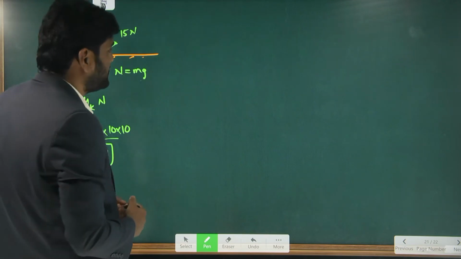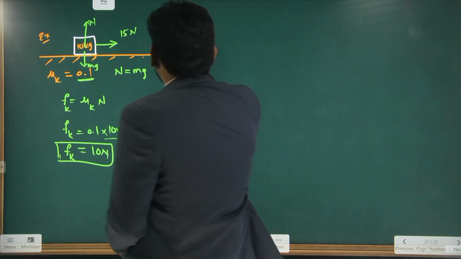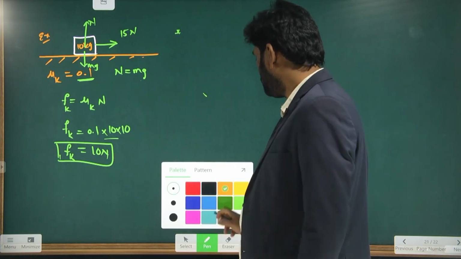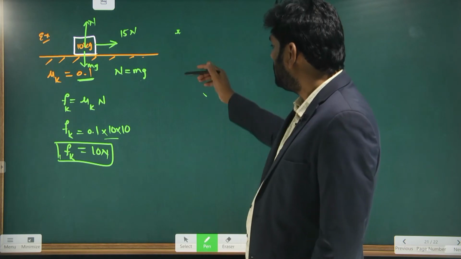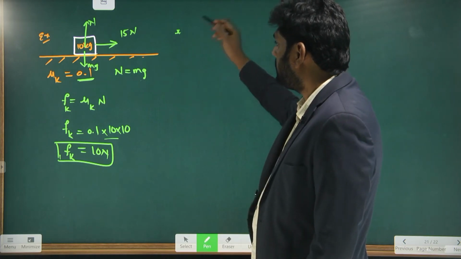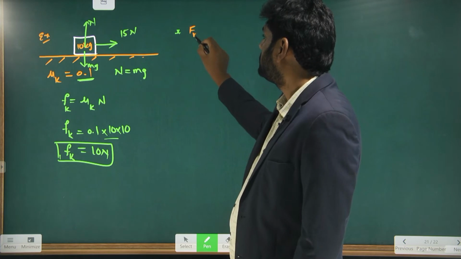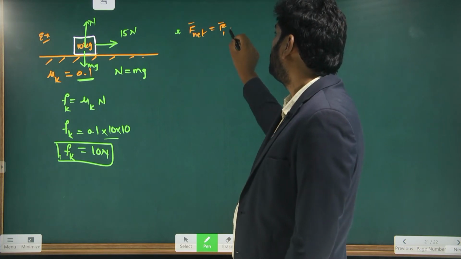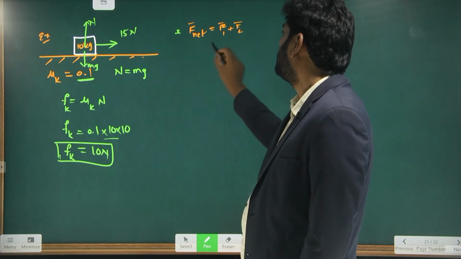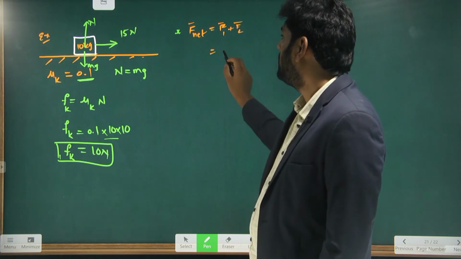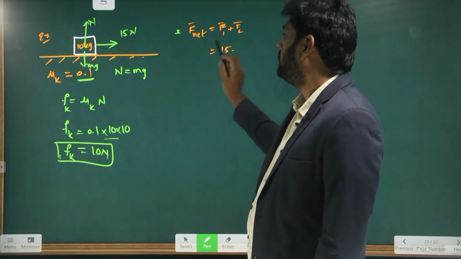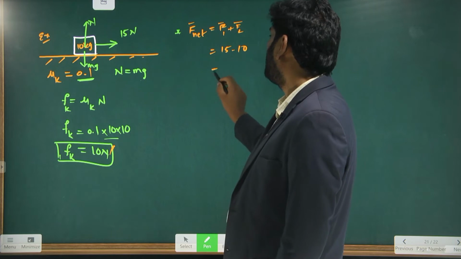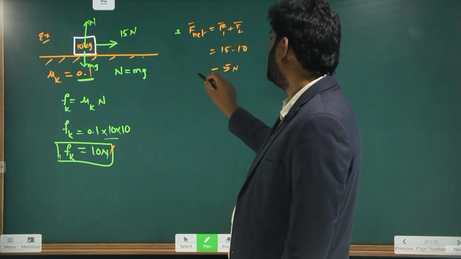To find the acceleration, we have to find the net force. Net force is equal to F1 plus F2. F1 is 15, F2 is 10 Newton. So totally 5 Newton is the net force.